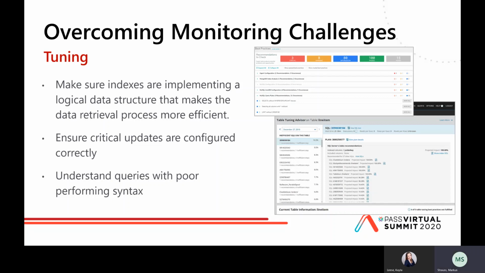But the tuning goes much further than that, because obviously we need to understand, for example, how does our query perform, and maybe what we could do to make that performance better.